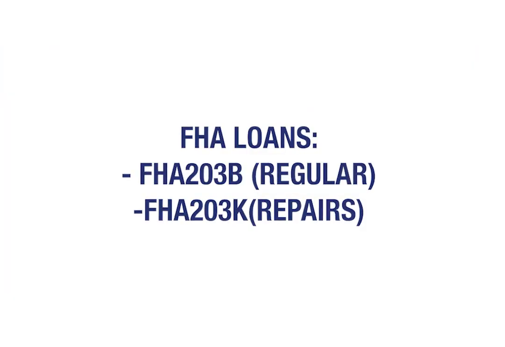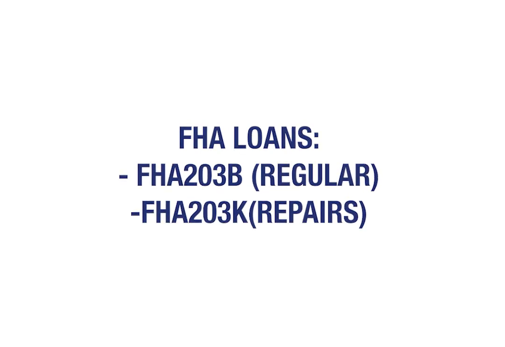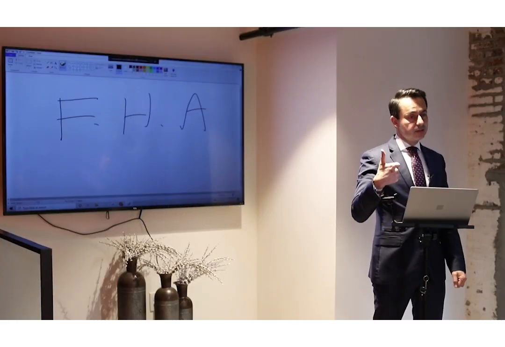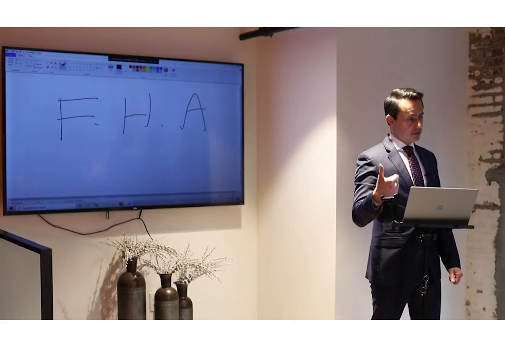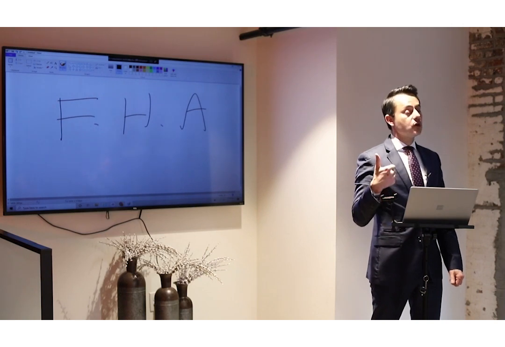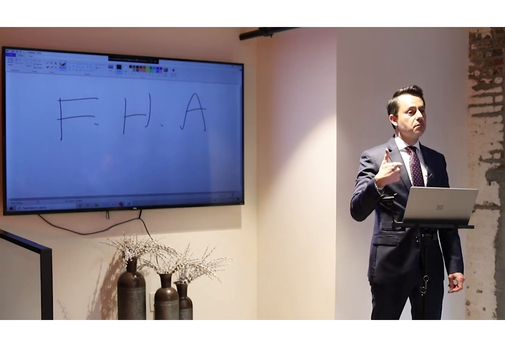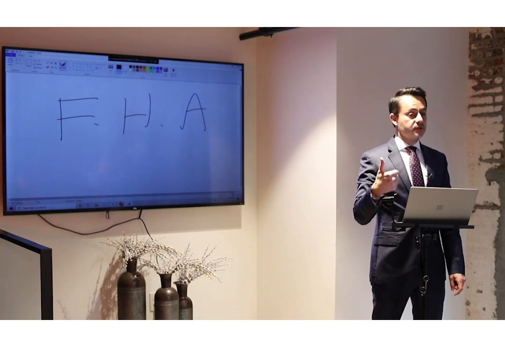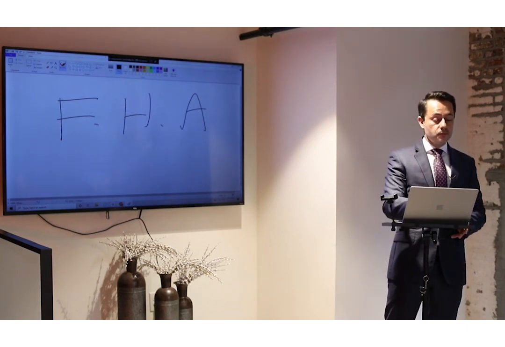So let's talk about FHA loans. There are two types of FHA loans. Regular FHA, which requires 3.5% down and up to 6% assist, as long as it doesn't go above the 3.5% that the buyer needs to put down.